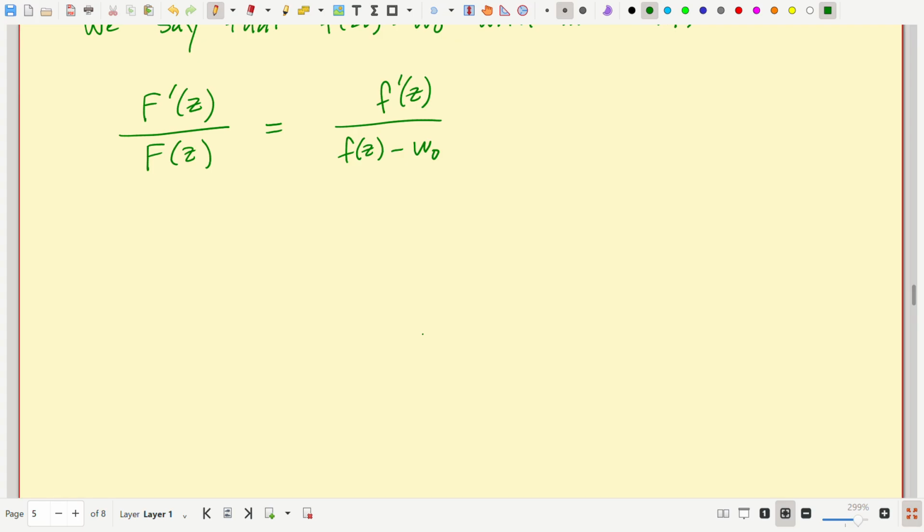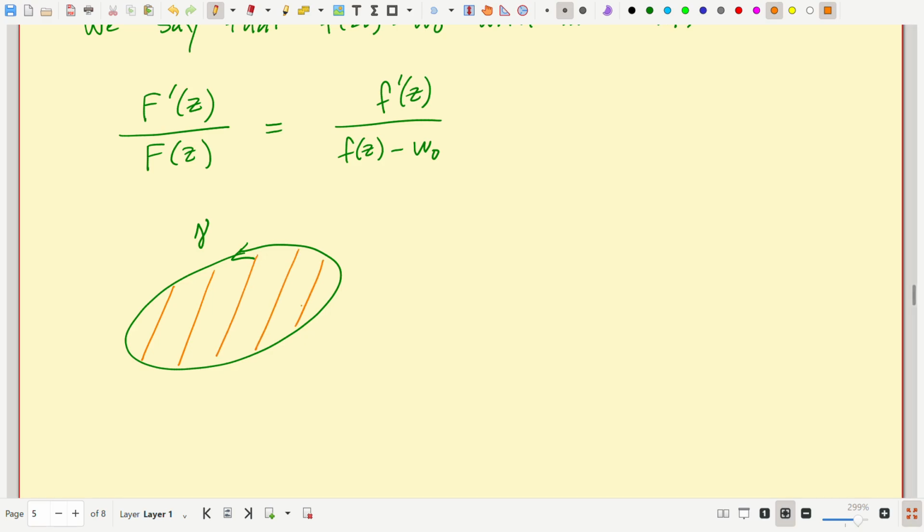So here's the picture here. I would have a gamma. I'd have my f. I like to think of this as like a sheet of rubber. f takes that sheet of rubber and does something to it.